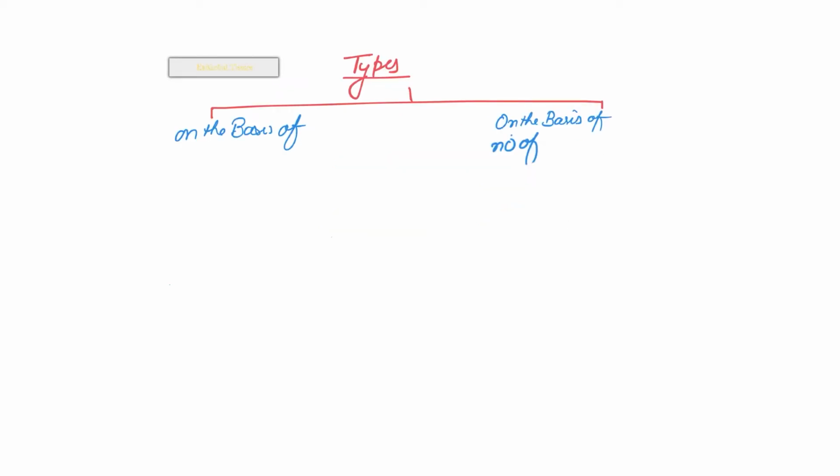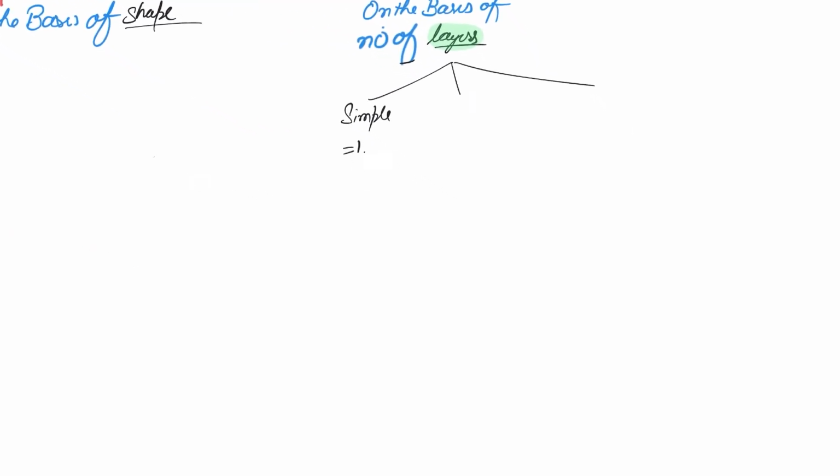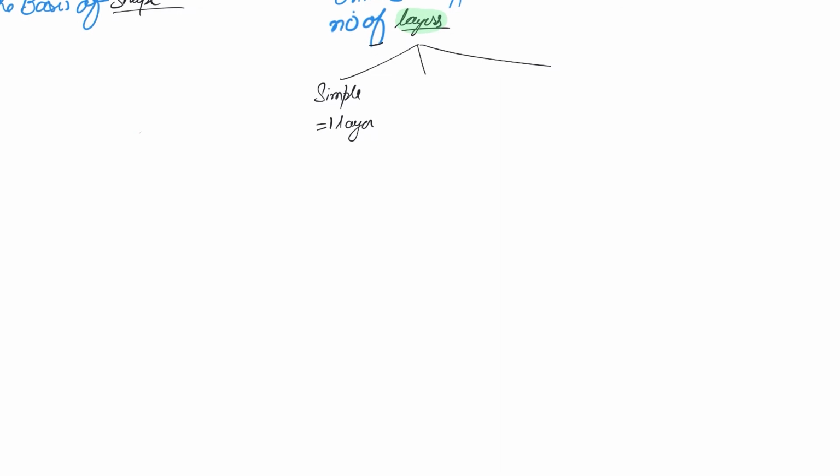We divide the epithelial tissues on the basis of the shape of cells and the number of layers. Let's first try to understand layers. The number of layers is very simple actually. You can have simple epithelial tissues, that means just one layer, or you can have stratified epithelial tissues, that means more than one layer of cells.